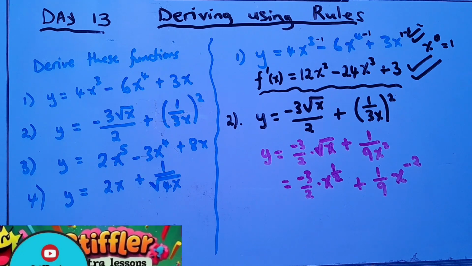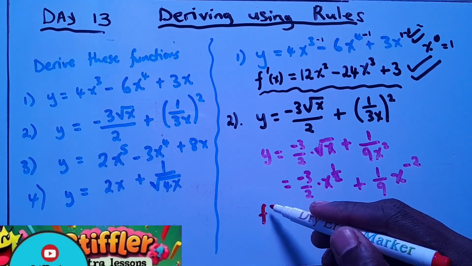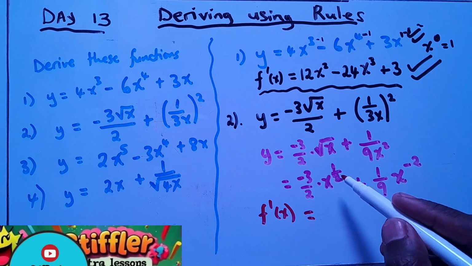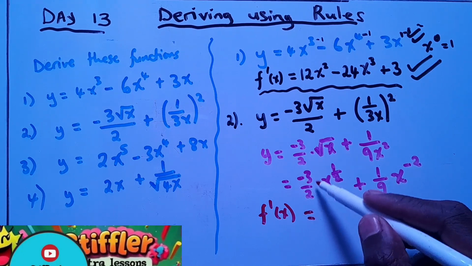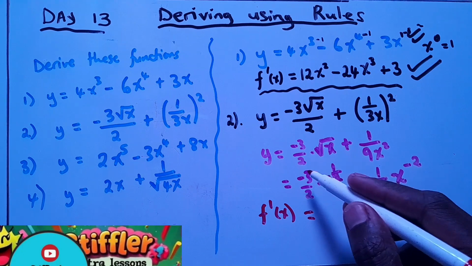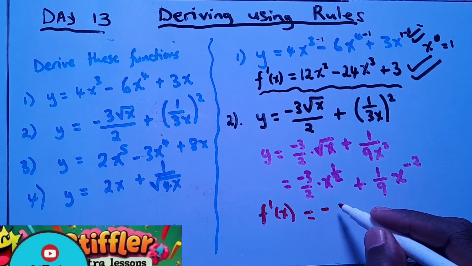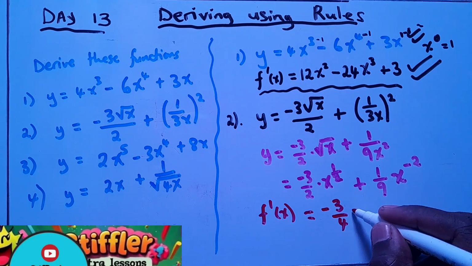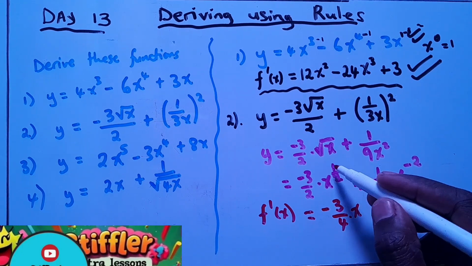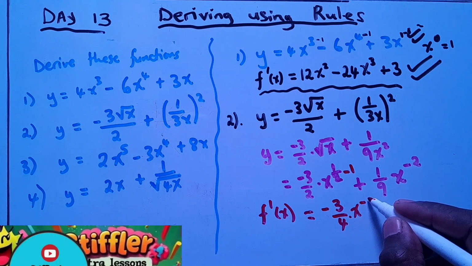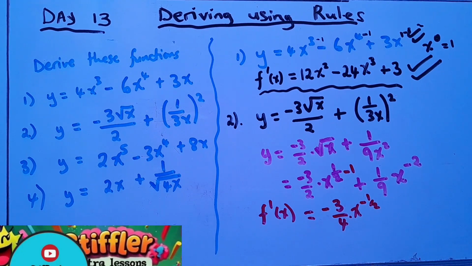So what you can do now, we can apply our rule, right? So it means that our f prime x will now be the same as, so this half will multiply this coefficient, which is negative 3 over 2. So half multiplied by negative 3 over 2, we're going to get negative 3 over 4. And then x, and then this half, we're going to subtract 1, and we're going to get negative half.